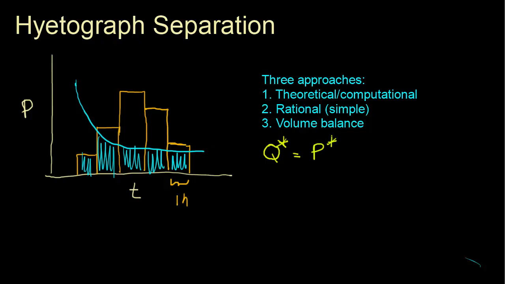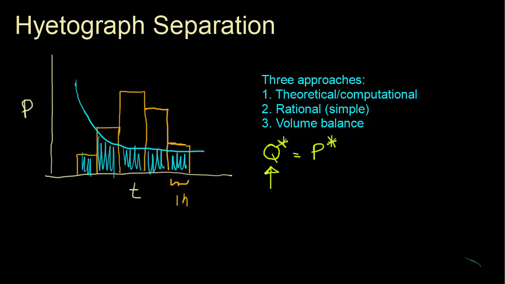That's by definition. So if we work from the stream backwards, we take a look at the hydrograph from the stream and we separate it into base flow and event flow, then the event flow must by definition equal the effective rainfall summed over the entire watershed.